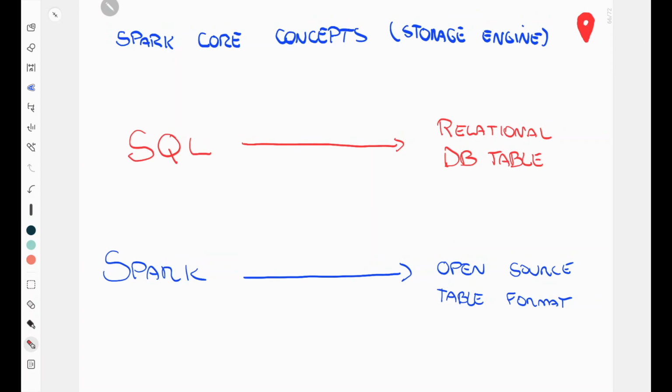When thinking of data warehouses and relational databases, you have SQL and you have the relational database table. Whenever you query it, alter it, insert data, whatever, you have to use SQL to do so. You have this storage engine to alter your table concept. That's exactly what Spark does with open source table formats.